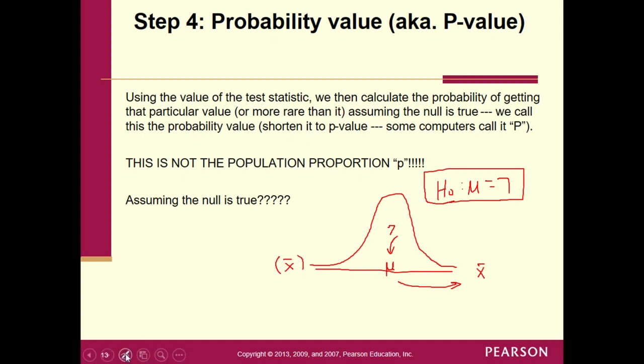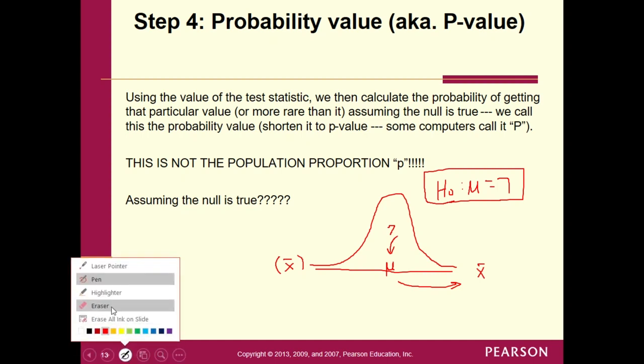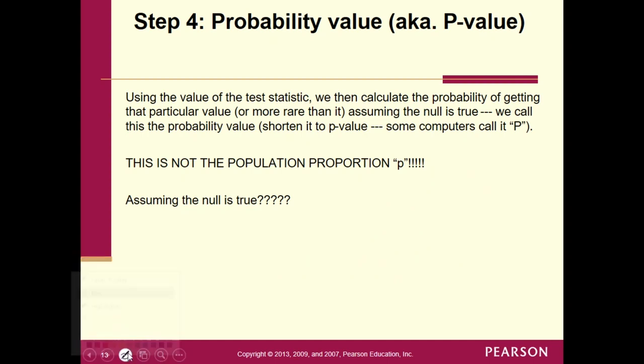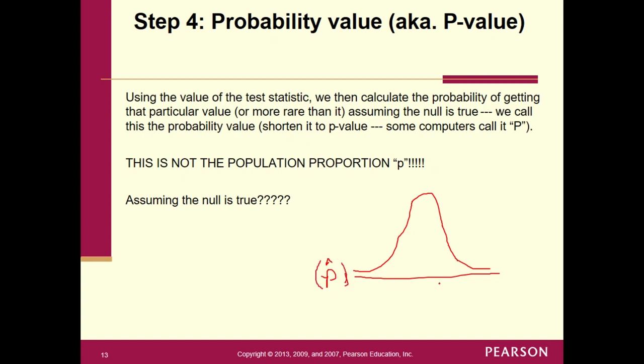Now, you could do the same idea with the sampling distribution of p hat. Let's assume that the central limit theorem applies here, and that we get to draw this as a nice bell-shaped curve. This is the sampling distribution of p hat. These are all the different p hats that we could possibly get.